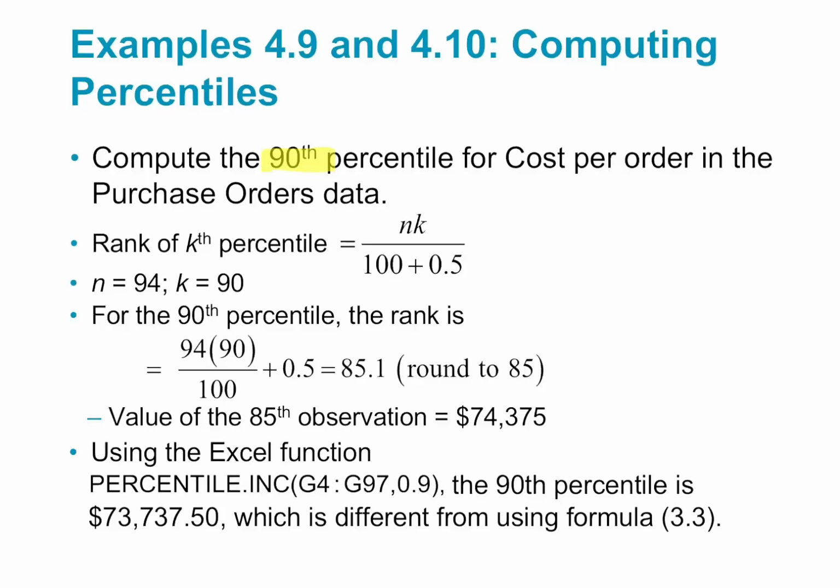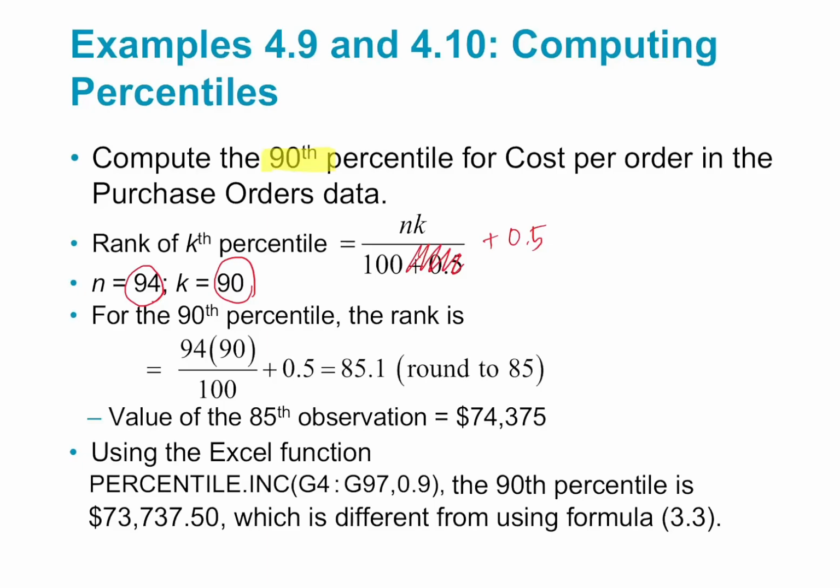And looks like there is a typo in the slides. So again, in this particular purchase orders data, we have 94 observations. And out of the 94 observations, we want to find the 90th percentile. So our n is 94, k is 90.